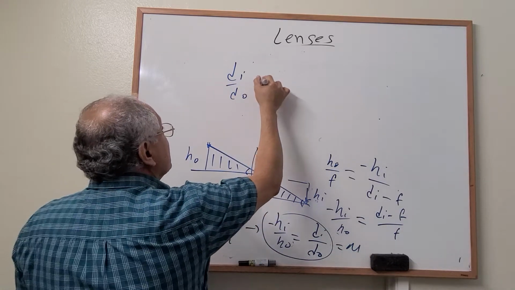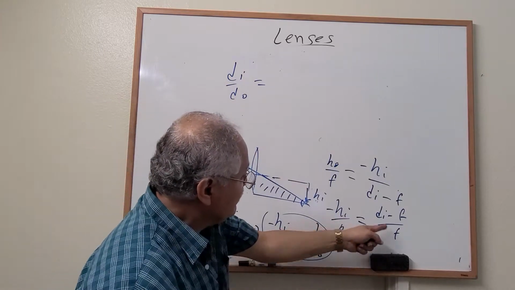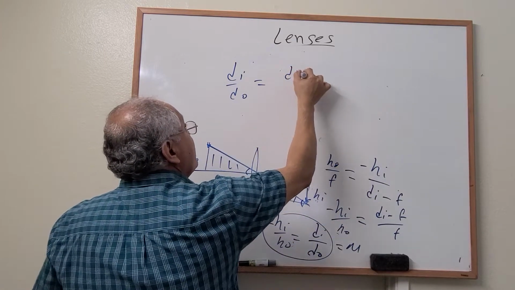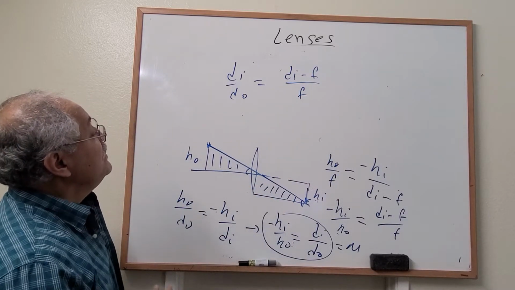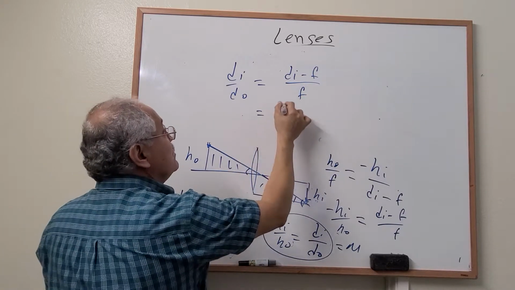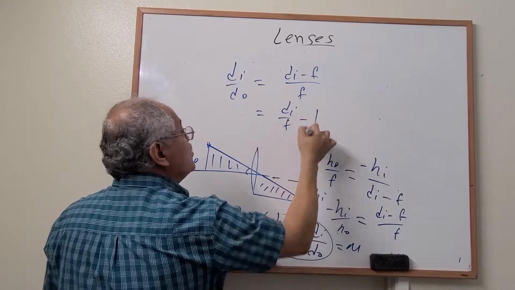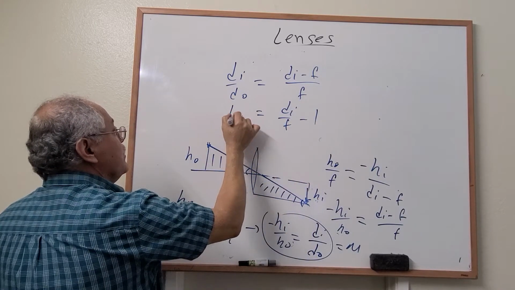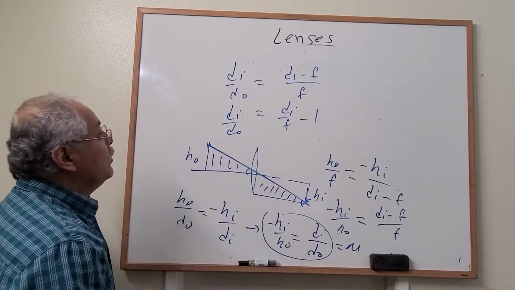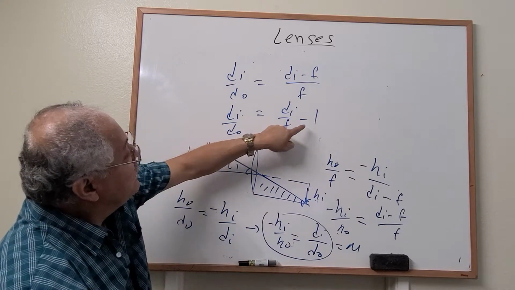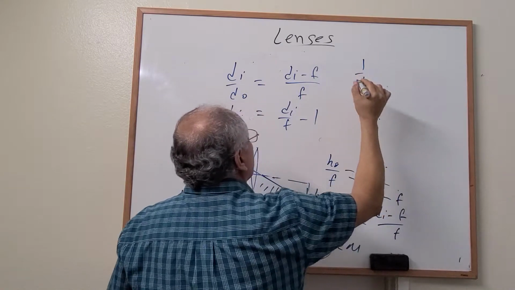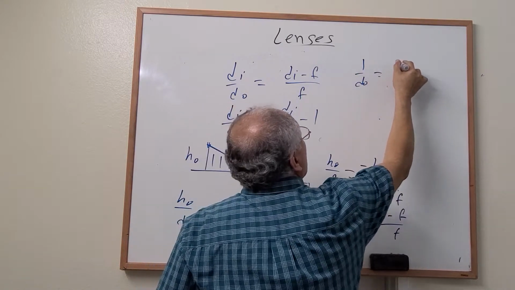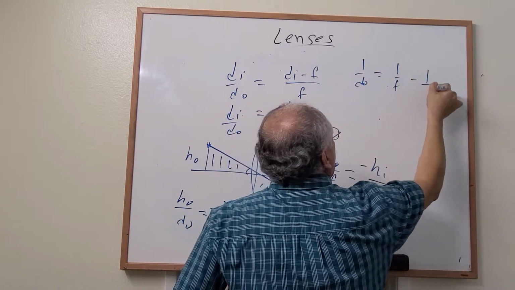Great, so this is equal to what? This one is equal to DI minus F over F. Okay, great. Now let's continue, okay? It's equal to DI over F minus 1. Right here it stays the same, DI over DO. Perfect. Now let's divide by DI. When we do that, we have 1 over DO equal to 1 over F minus 1 over DI.